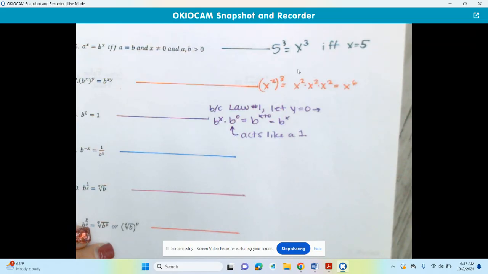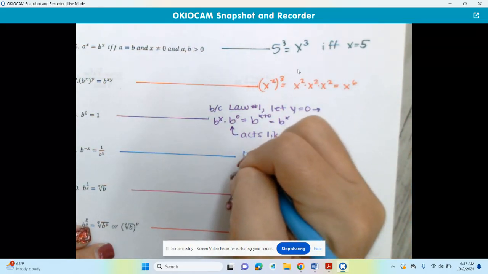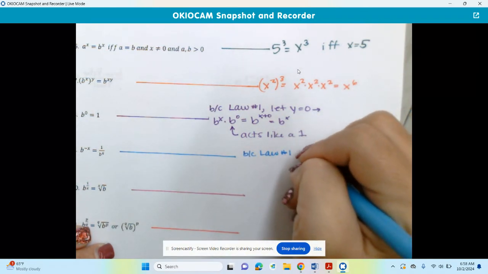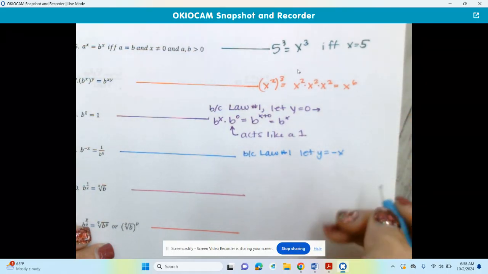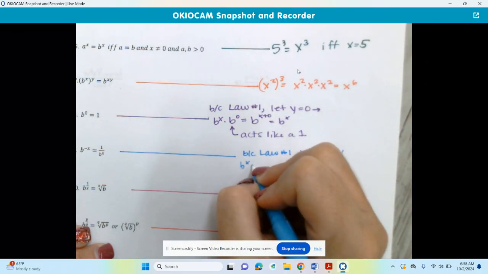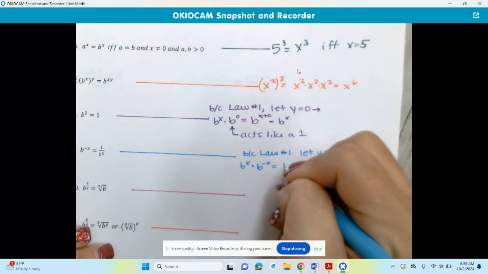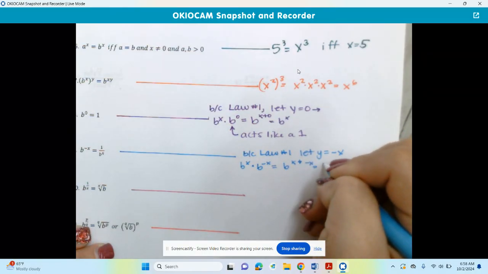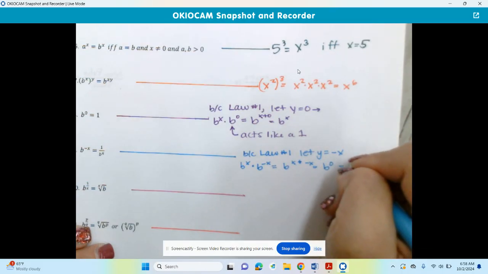Likewise, down here below that, back to law number 1, we're going to let y equal negative x. So b to the x times b to the negative x would equal b to the x plus negative x, which is b to the 0. And we just talked about b to the 0 is the same thing as 1.